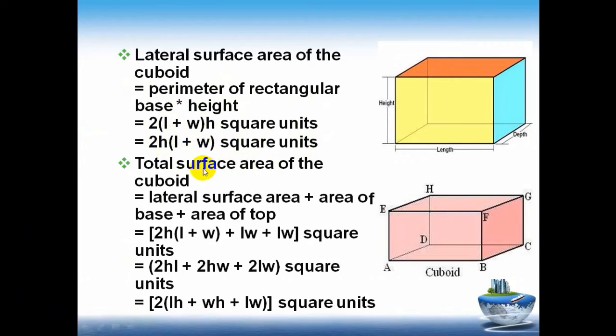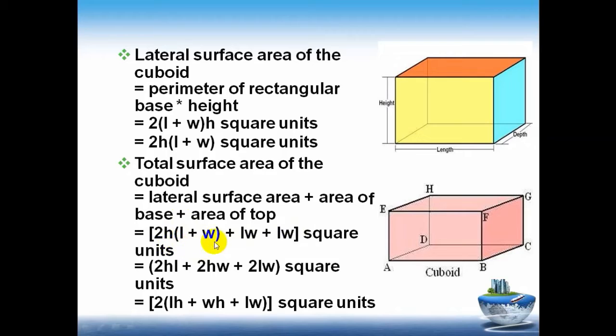Now the total surface area of a cuboid. Total surface area of a cuboid is equal to lateral surface area plus area of base plus area of the top. So this can be written as 2h into (length plus w) plus length multiplied by width plus length multiplied by width square units.